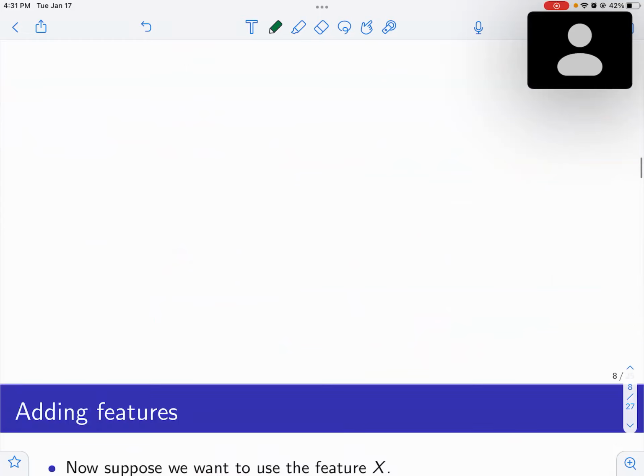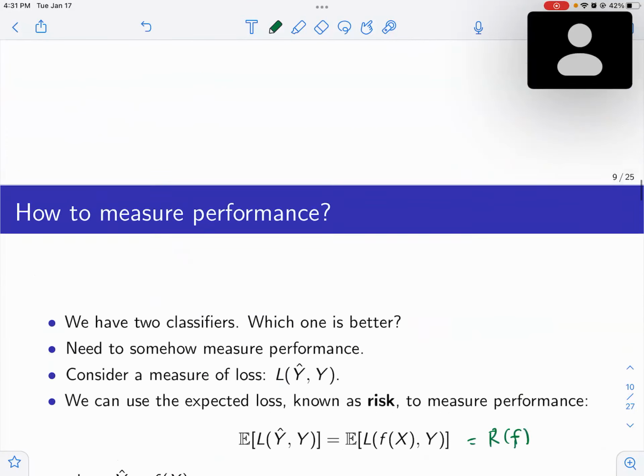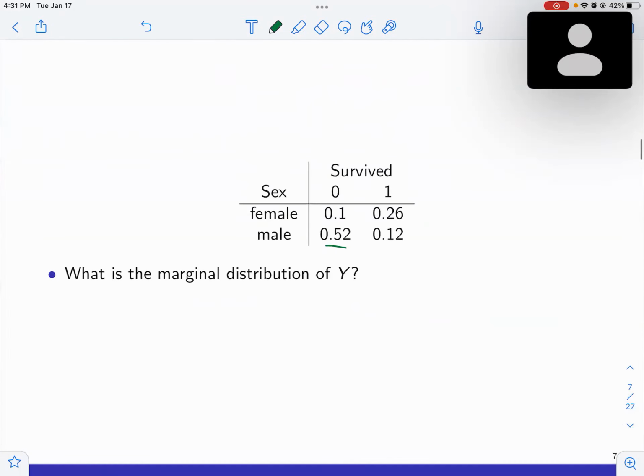And I can repeat this process. I will have a joint distribution. Here is going to be y, and here is going to be xi1, xi2, which now has 6 levels: male class 1, male class 2, male class 3, female class 1, female class 2, female class 3.